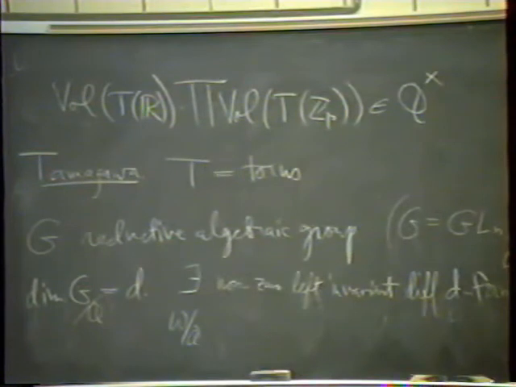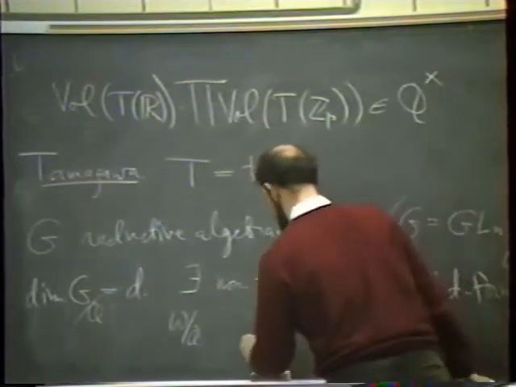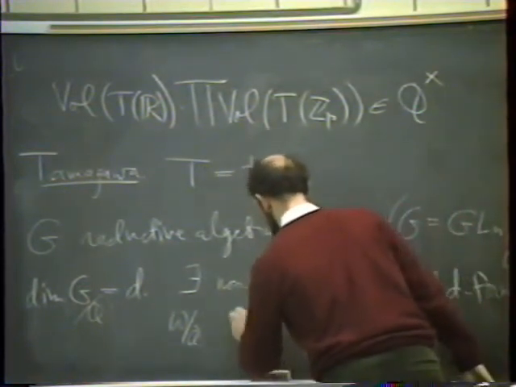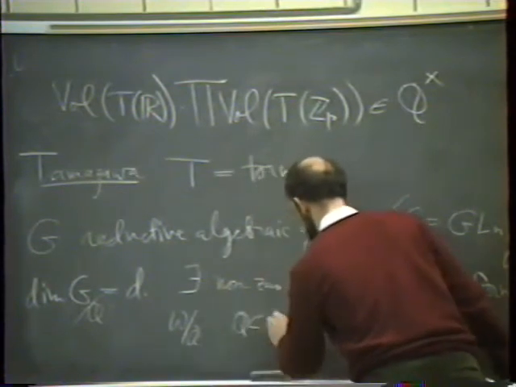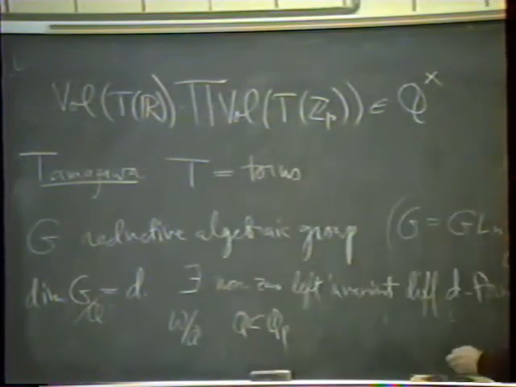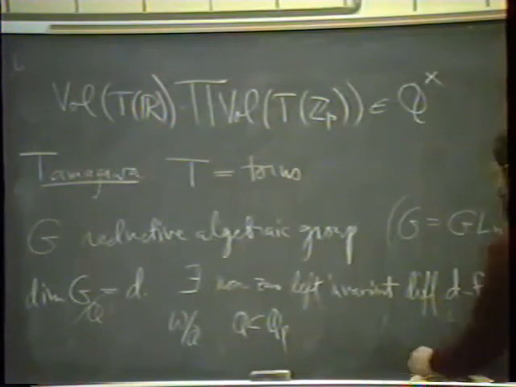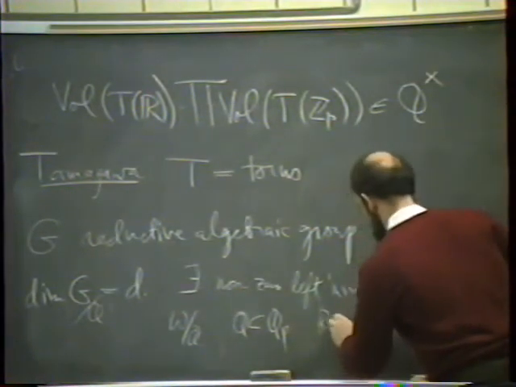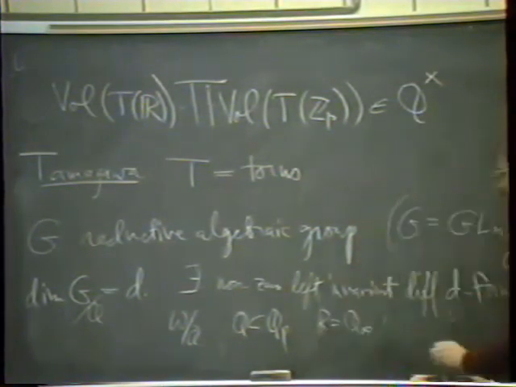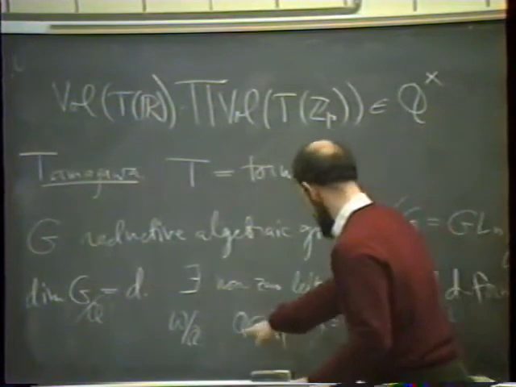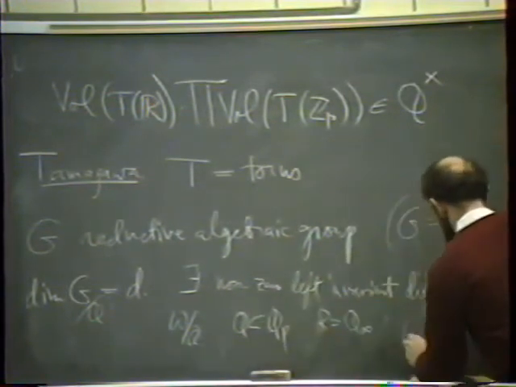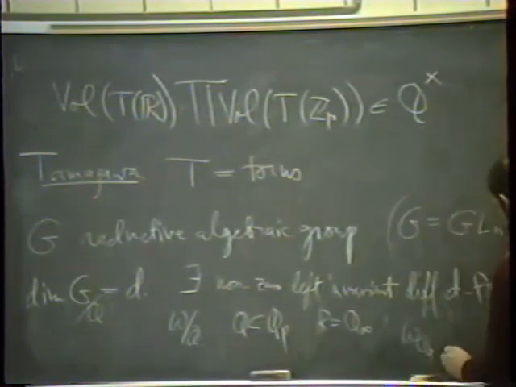Now, our field Q is contained in Q_p, and the number theorists like to write R equals Q_infinity, the completion at the infinite prime, and so therefore we can think of omega over Q_p for all p less than or equal to infinity.